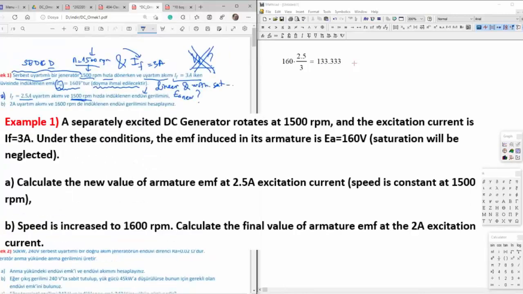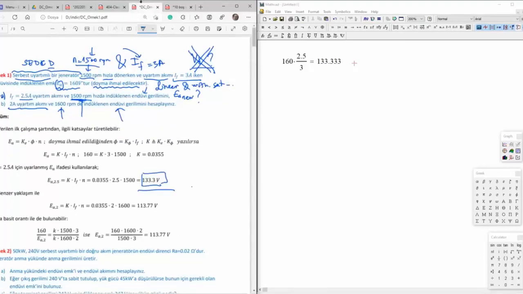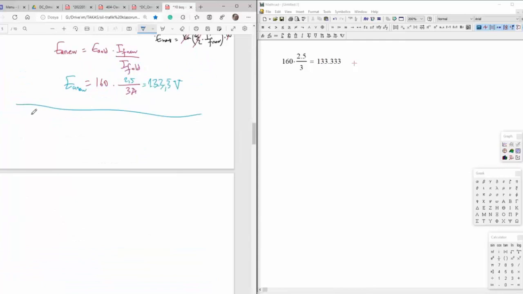Question B. When there is a 2 amps excitation current, machine speed increased up to 1600 RPM. What is the new value of the EMF induced in the armature? Okay, the excitation current is 2 amps, brand new.